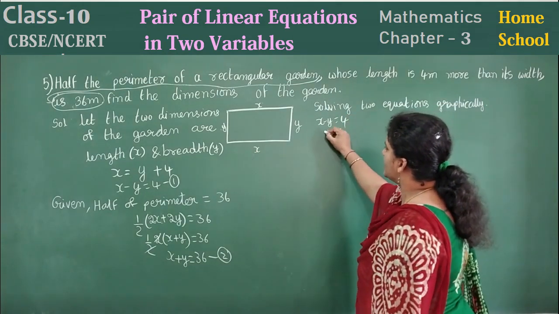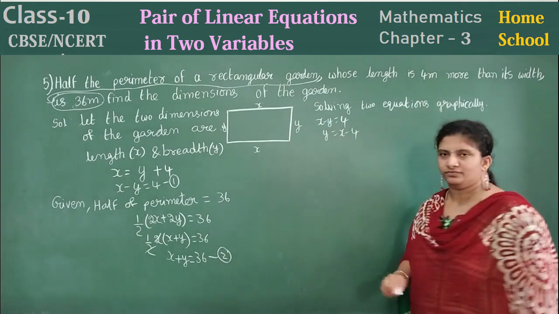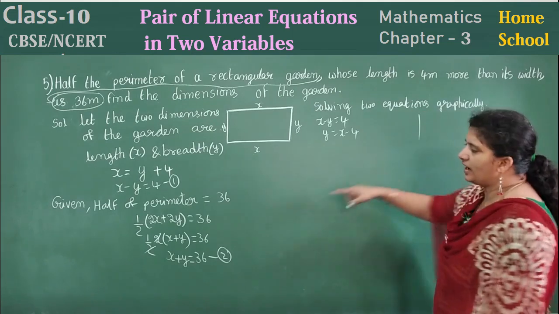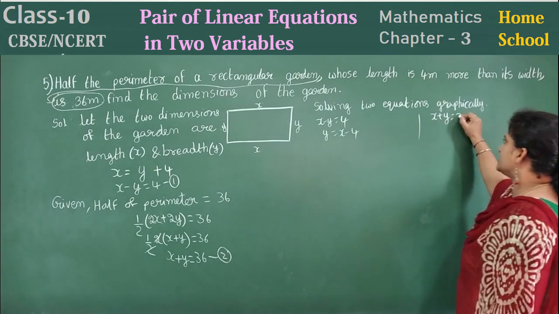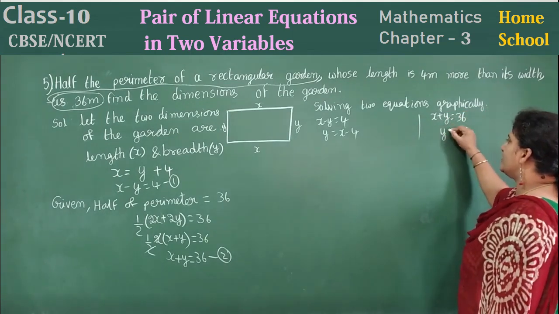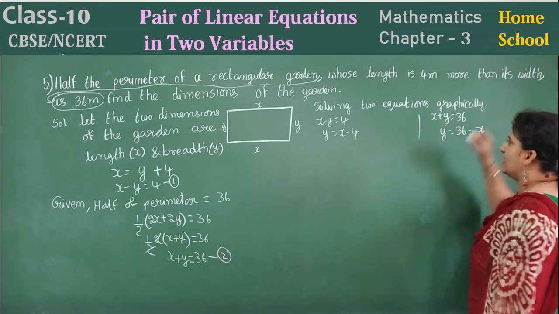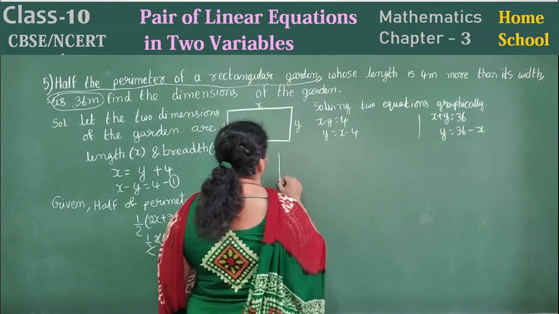Bring this Y this side. Y is equal to X minus 4. Okay. Another equation: X plus Y is equal to 36. Rewrite this equation: Y is equal to 36 minus X. Okay, let's take the table here.